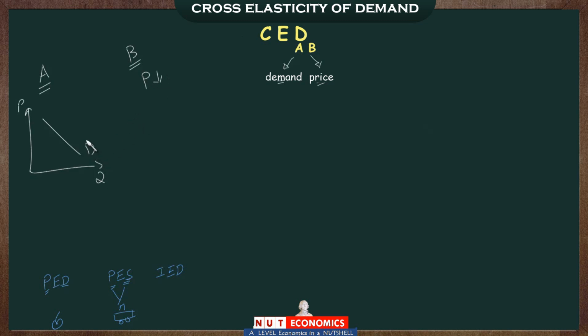Now if you are interested in measuring by how much the demand of A changes or responds due to changes in the price of this other good, looking across to a different market, to the price of a different product, and you want to study the response of the demand of product A, that is where you would think of the cross elasticity of demand of A with respect to B. Whereas if you have to measure the cross elasticity of demand between B and A, that would mean you are trying to measure the response or change in product B's demand due to the change in the price of product A.